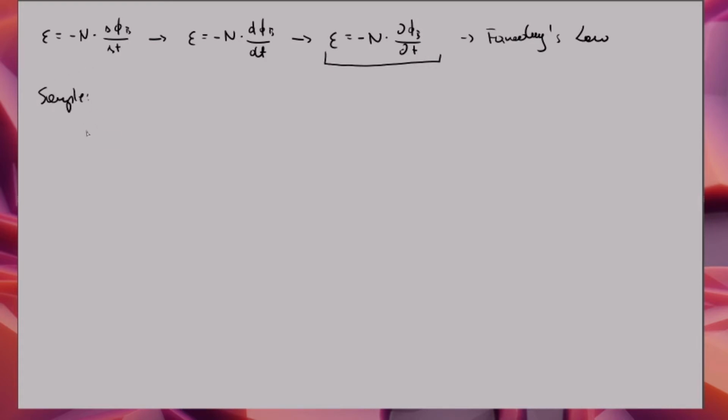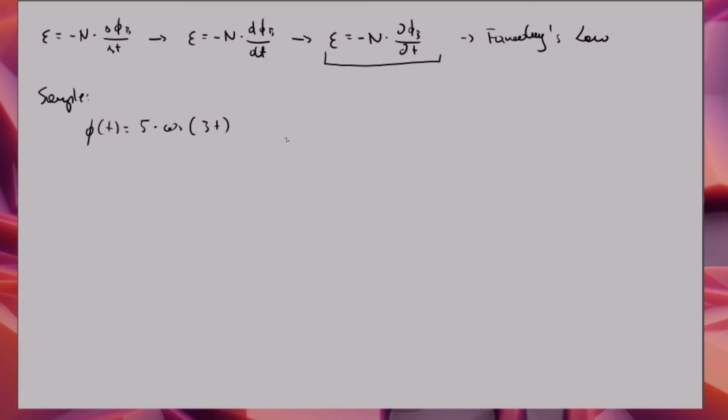Let's say that the magnetic flux through a loop varies as a function of time, as some sort of cosine function. Let's say it's 5 Webers times the cosine of 3t.